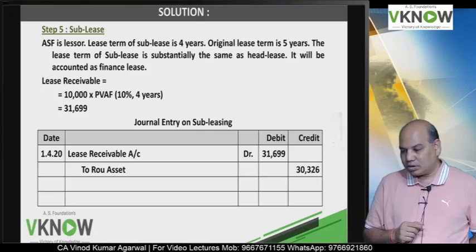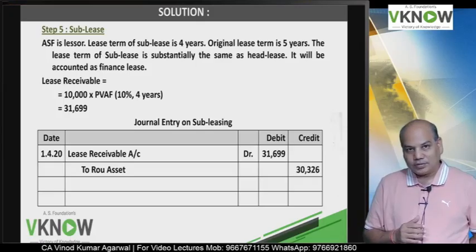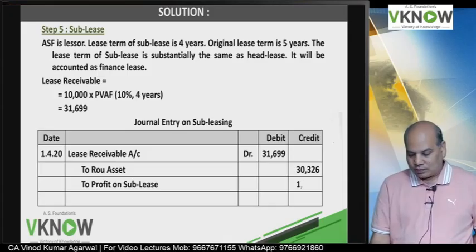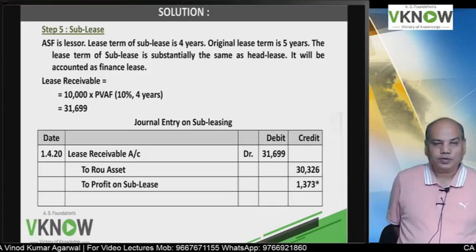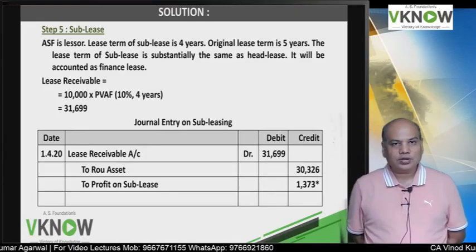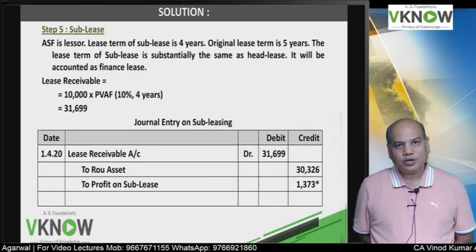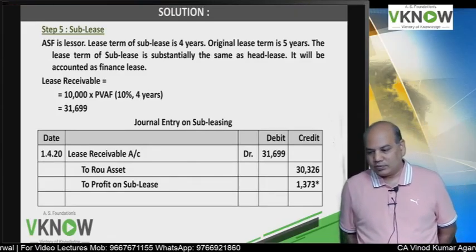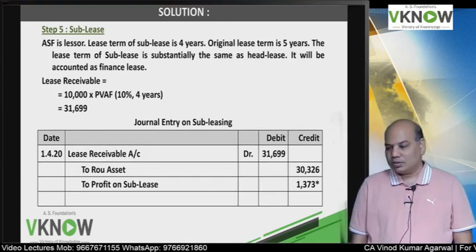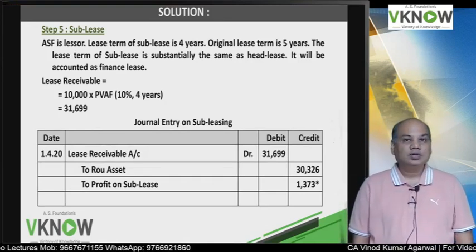This is not tallying. So what should I do? I will transfer the difference to the profit and loss account under the heading profit on sublease. This is your profit. You have transferred an asset of 30326 for 31699.